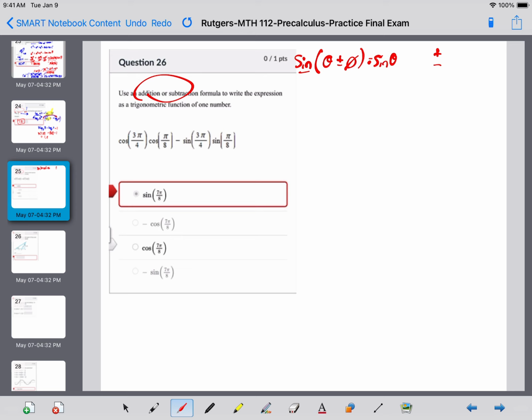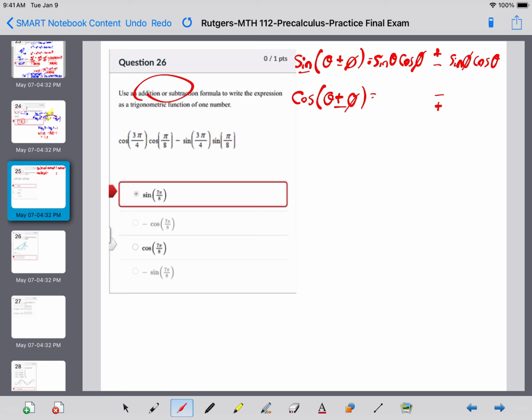So sine theta, cosine phi, sine phi, cosine theta. For cosine, we have cosine of theta plus or minus phi, but with cosine, it's not the same sign. So if it's plus or minus, it's going to be minus or plus.